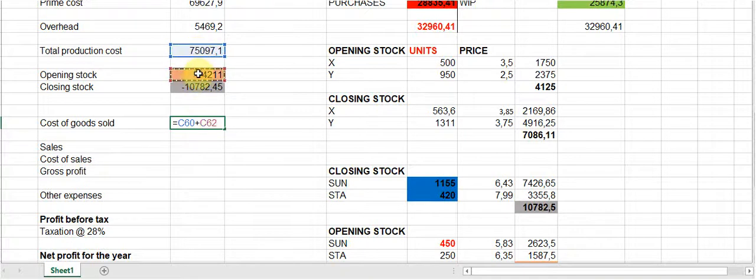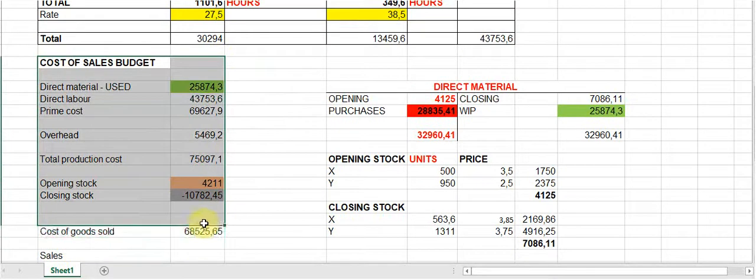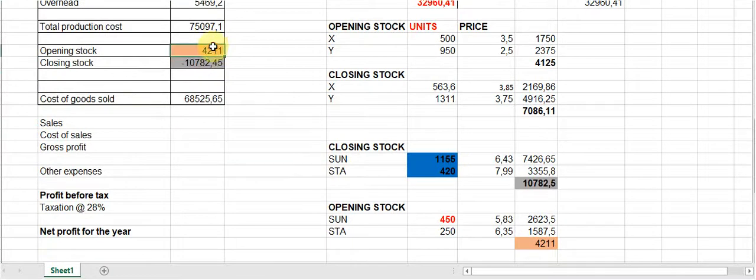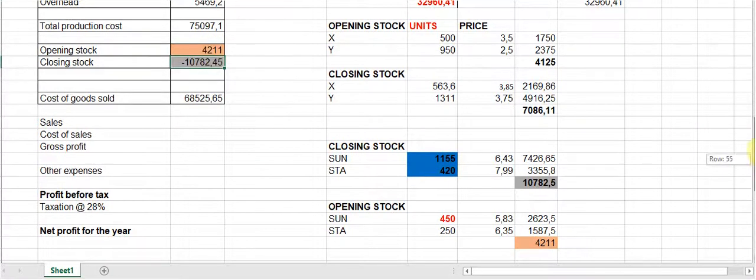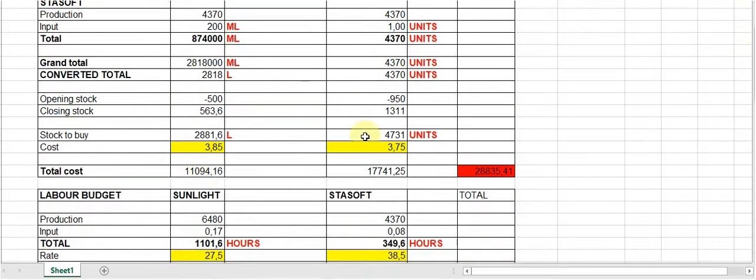Add your opening stock minus your closing stock. I've already typed a minus, so I'm just going to do that. And there we go, cost of goods sold. Again, I'm just going to put this in. And please note how opening stock is now added and closing stock is subtracted. It's the opposite of what we, for example, have done here and here in your material purchases budget.